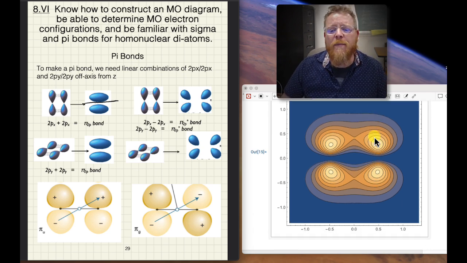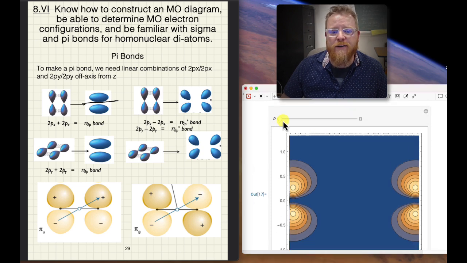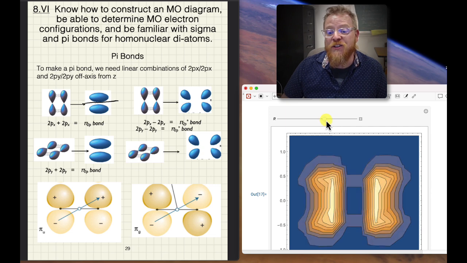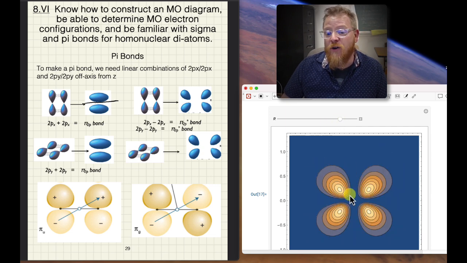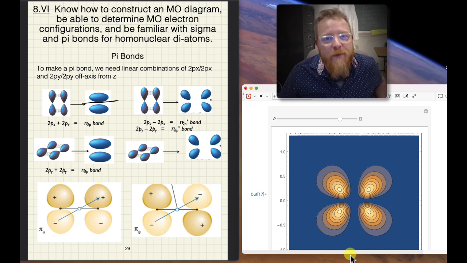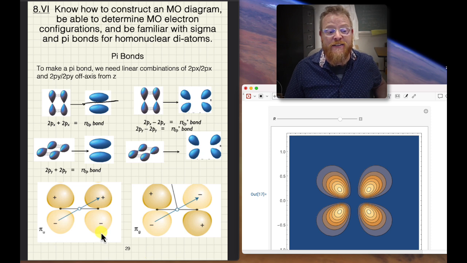Now, what about when we make destructive interference between those? Well, just like in the case of the sigma bond, we'll have this node in the internuclear zone. No constructive interference occurs to make that anti-bond. Now, when we consider our symmetry operation, the opposite happens as did in the sigma bonds.